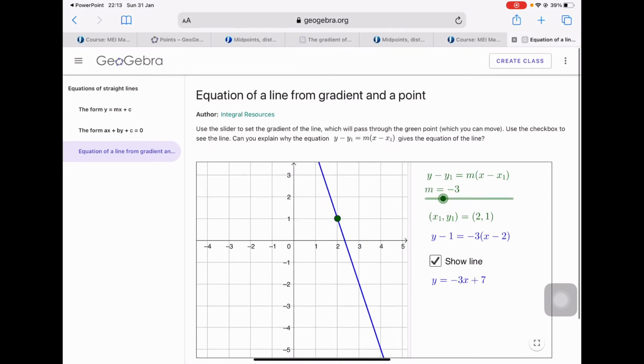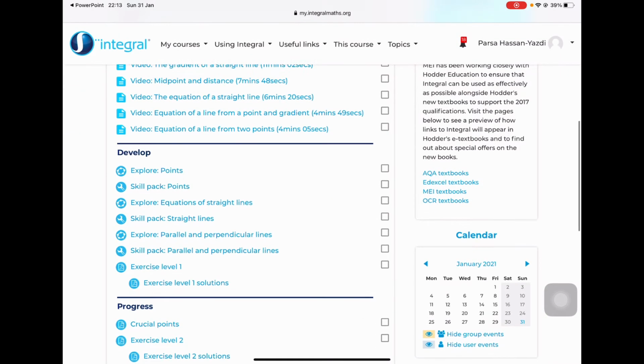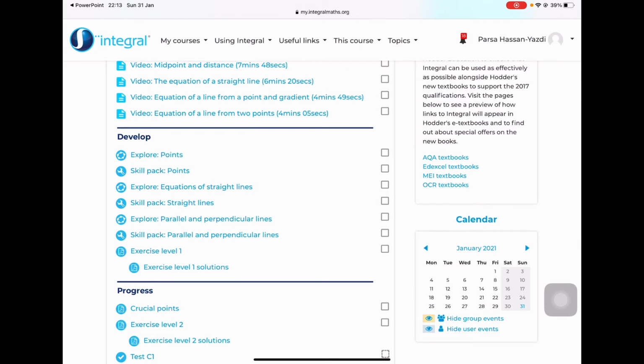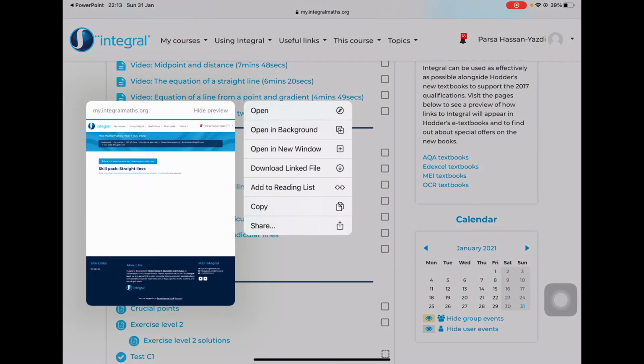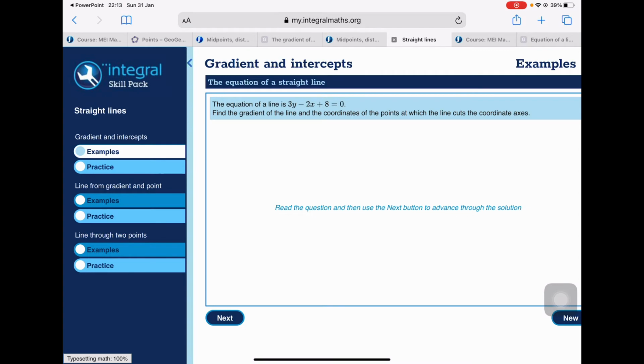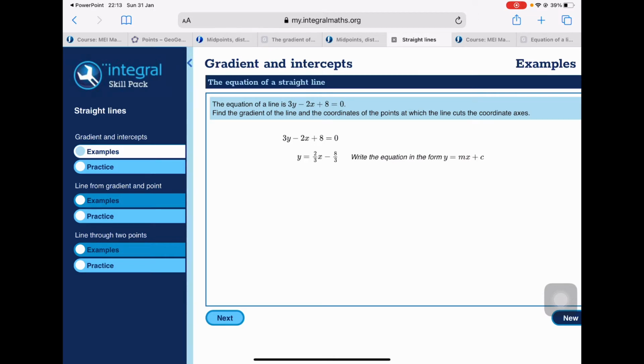So now I would like you to try the skill pack straight lines activity. Here, find the gradient of a line and the coordinates of the points at which the line cuts the coordinate axes. So you'd have to rearrange to get into the form y equals mx plus c.